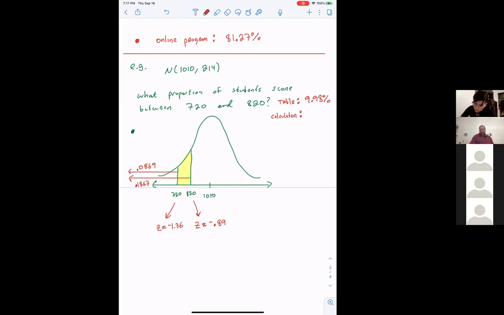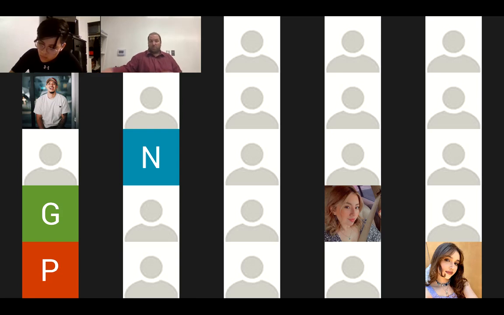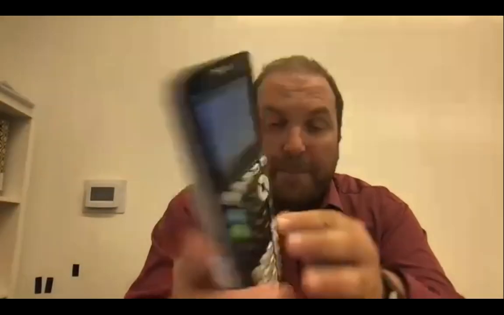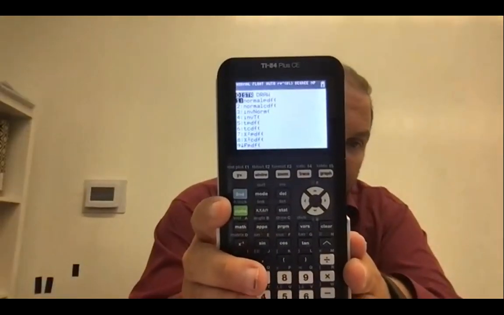Okay, and now let's use a calculator. So where do I go? Second, and then distribution. Which one do I want to use? The second one.